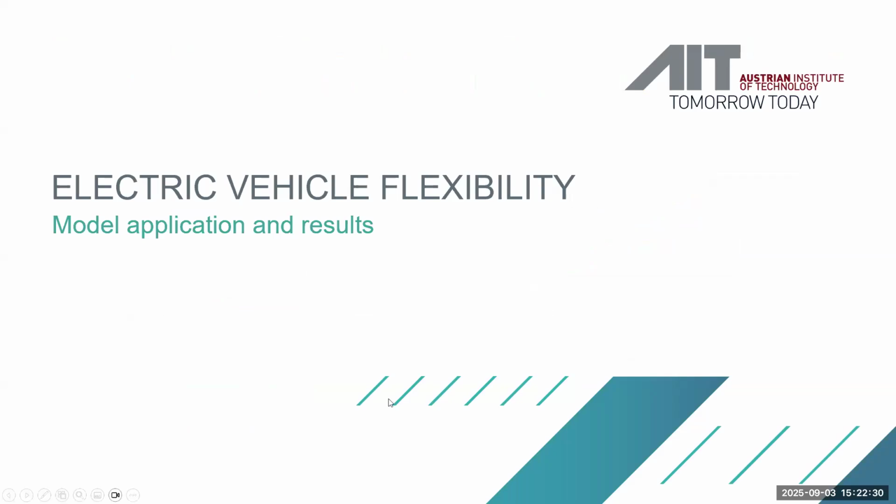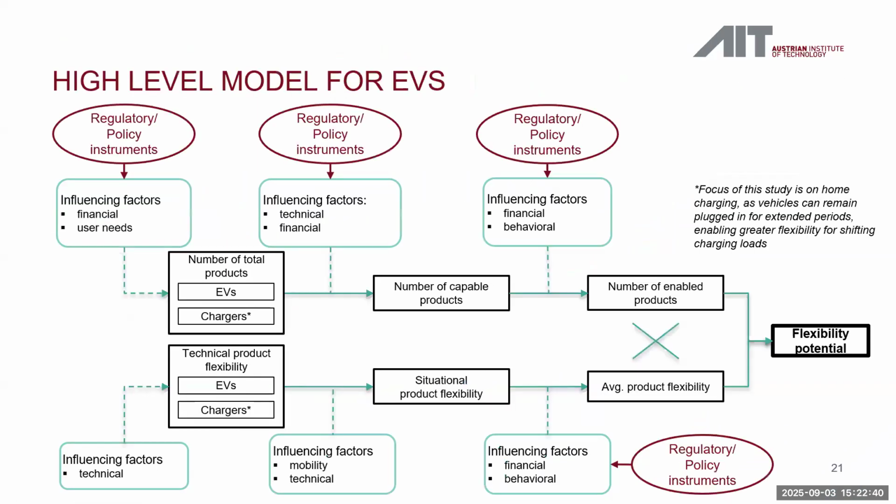Okay, so I will talk about the flexibility provision by electric vehicles. On the next slide, we will see that the overall high-level model is quite similar, with some differences. First of all, we consider here two different components or products. We have EVs on the one hand and chargers on the other hand.